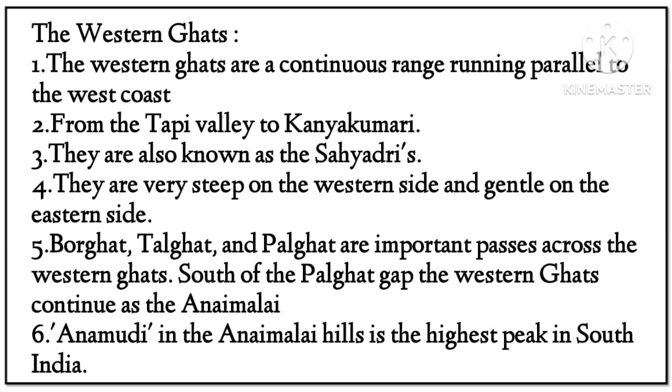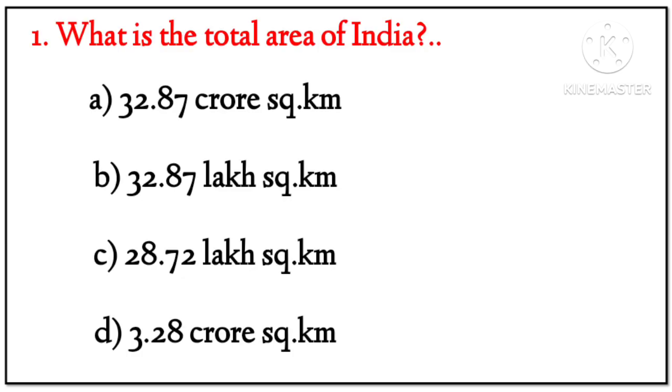Borghat, Thalghat, Palghat are important passes across the western Ghats. South of the Palghat gap, the western Ghats continue as the Annamalai. Anamudi in the Annamalai hills is the highest peak in South India, 2665 meters. Now we will take some multiple choice questions.